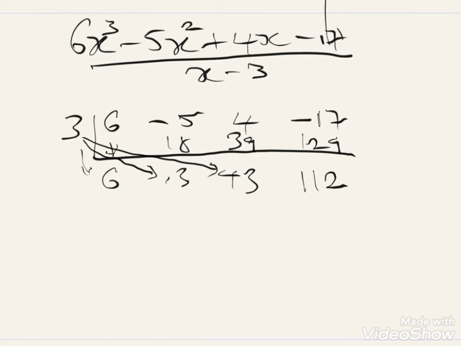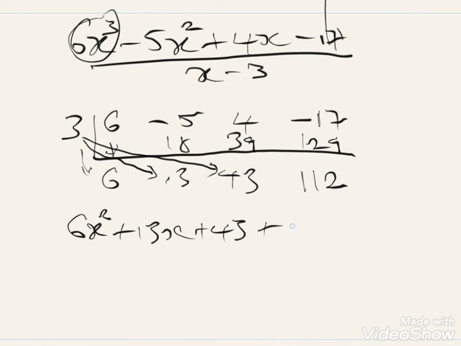Okay, so we are done with our division now. Since the highest term here is raised to the power 3, the result will be 6x squared plus 13x plus 43, then plus the remainder 112 divided by the linear factor x minus 3, and we are done.